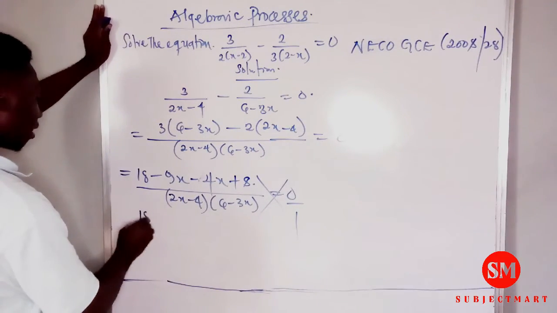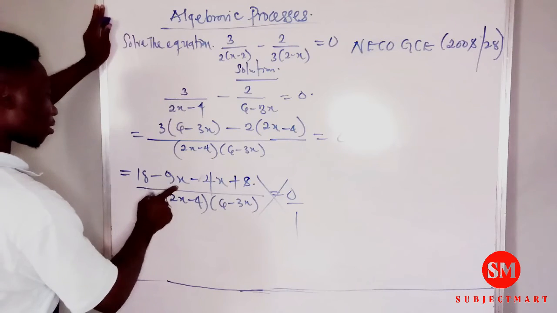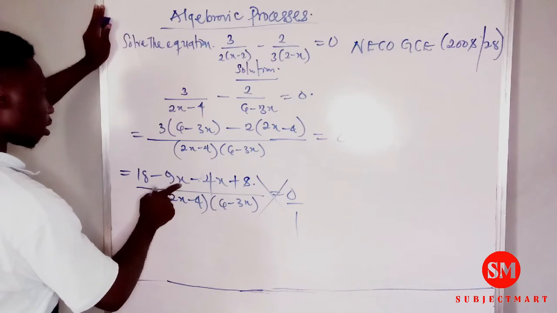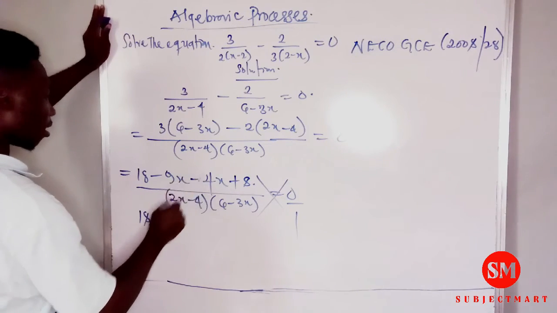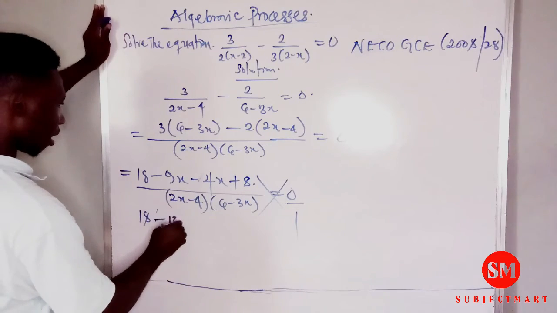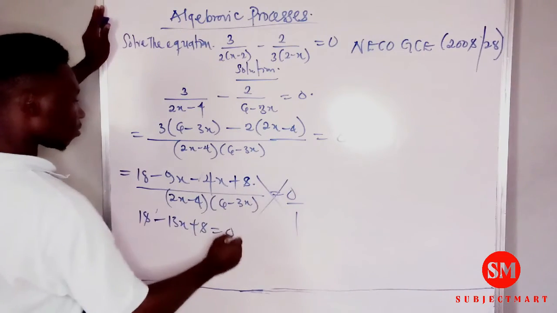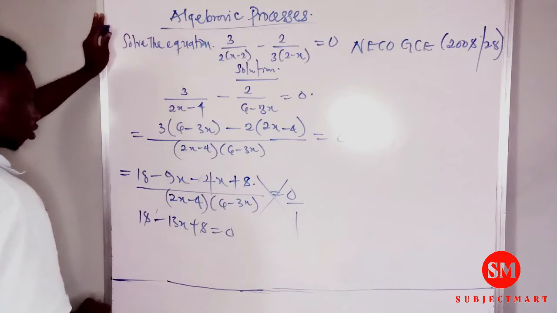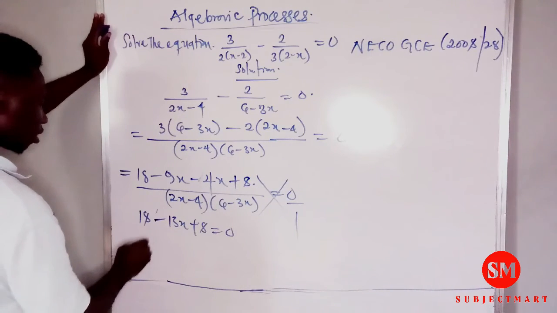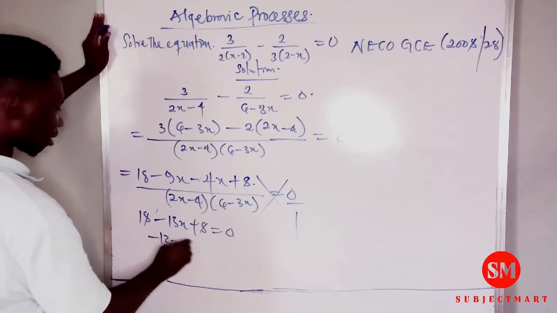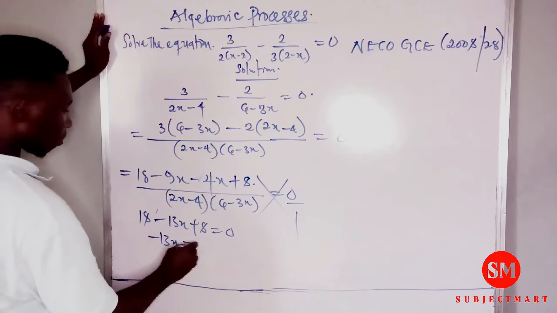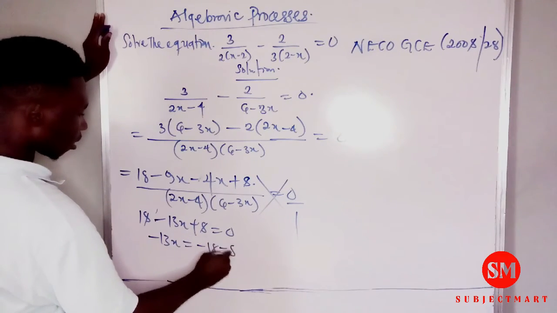And at this junction cross multiply. Cross multiply, you now have that 18 minus 9x minus 4x gives us minus 13x plus 8 is equal to, everything here times 0 gives us 0. So at this junction, we collect like terms. This becomes minus 13x is equal to minus 18 minus 8.